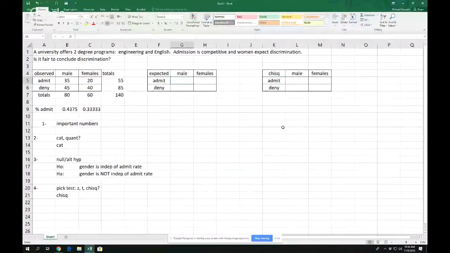Here we go. This is my expected table. I'm in row 1, column 1, right? So when I'm doing this, you're going to start with an equals. I'm going to do the row 1 total times the column 1 total divided by the grand total. Does that make sense? Now I'm in row 2, column 1.